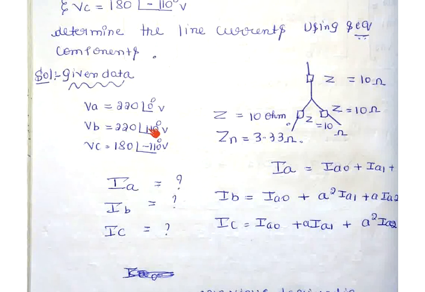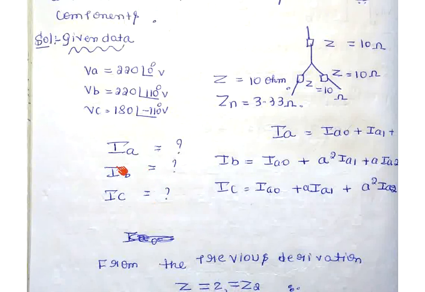VA is 220 at angle 0, VB is 220 at an angle, VC is 180 at an angle minus 110. I need to find the current from here, the current from here, the current from here. The line currents you need to find. Now IA, IB, IC.